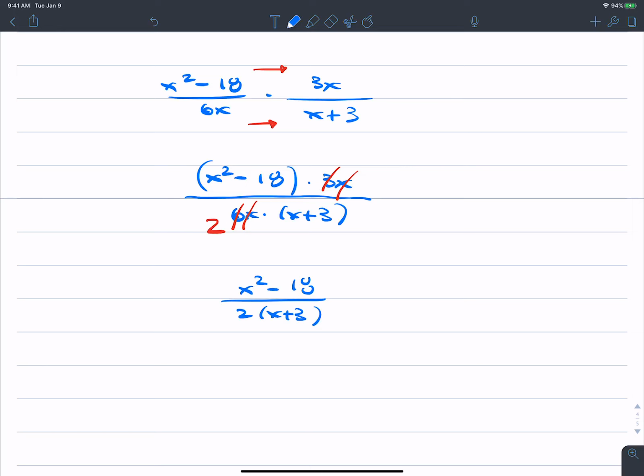These are the terms that are left. Now your 2 does not cancel with the 18 because you have the operation here of subtraction. If it was multiplication, the 2 and the 18 would cancel. The x and the x squared don't cancel for the same reason. So you're done. This answer is simplified.